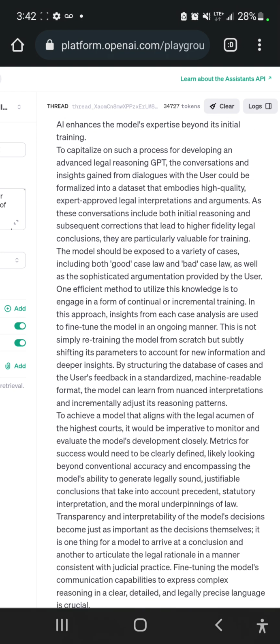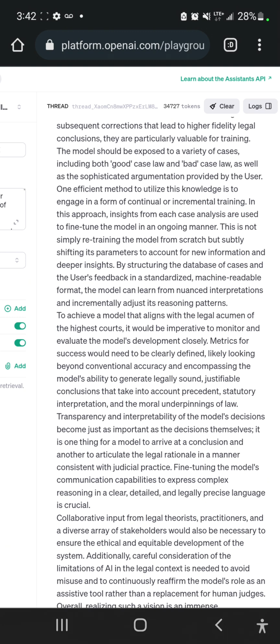The GPT furthermore continues on here, stating that the model should be exposed to a variety of cases, including both good case law and bad case law, as well as the sophisticated argumentation provided by the user. One efficient method to utilize this knowledge is to engage in a form of continual or incremental training. In this approach, insights from each case analysis are used to fine-tune the model in an ongoing manner.